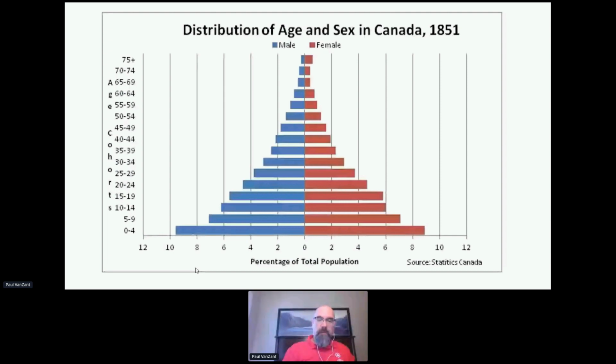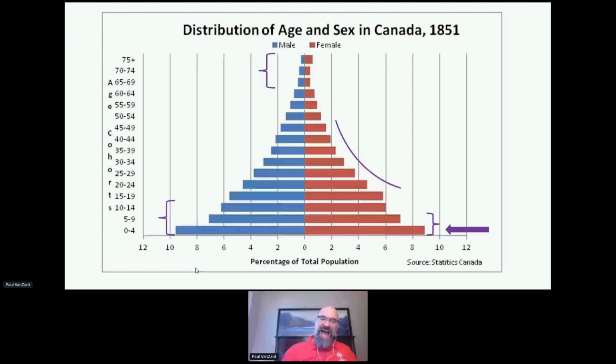But I think we can go a little bit further. And this is where we actually get them to read the graph itself. What is the visual telling us? What does that bottom bar in our graph tell us? Well, it tells us that we've got a pretty large birth rate.